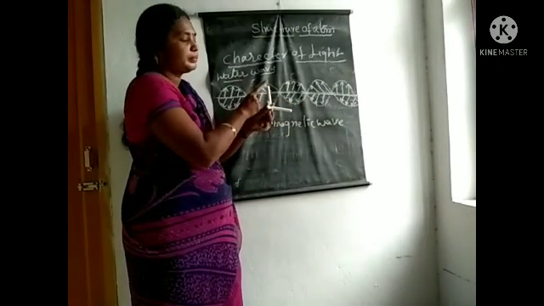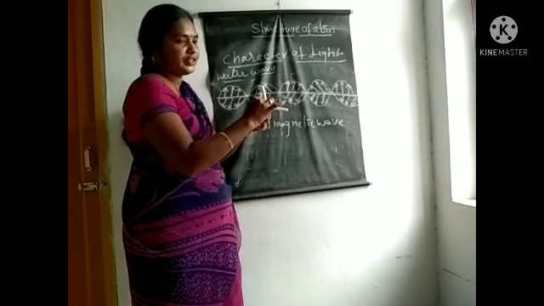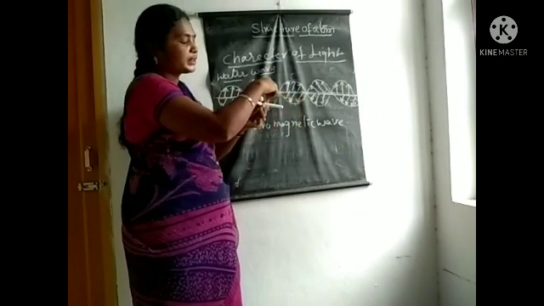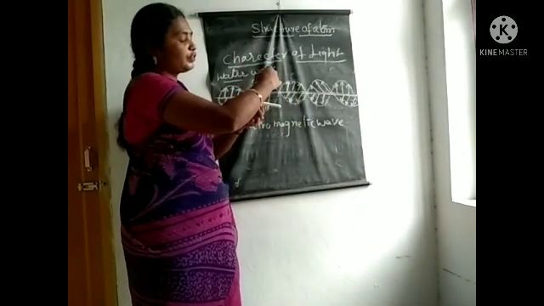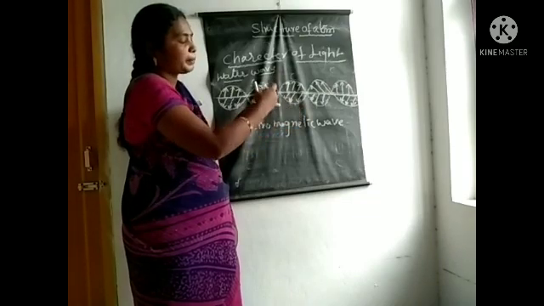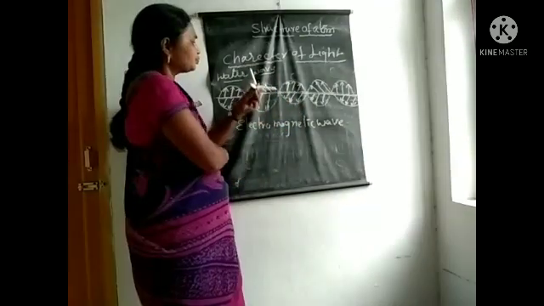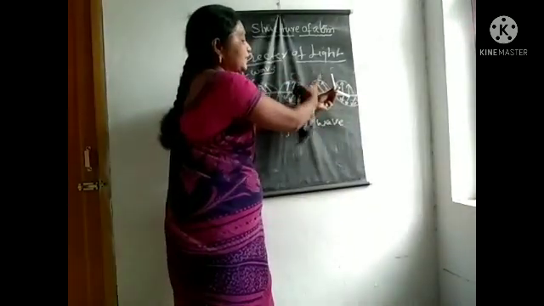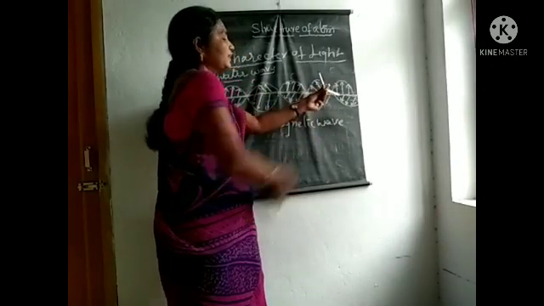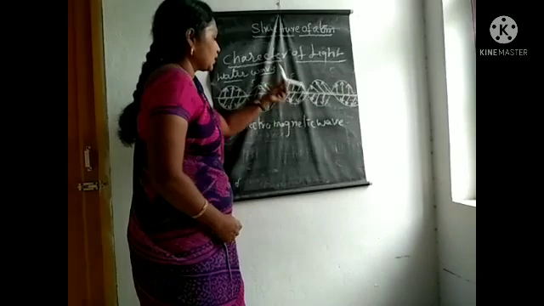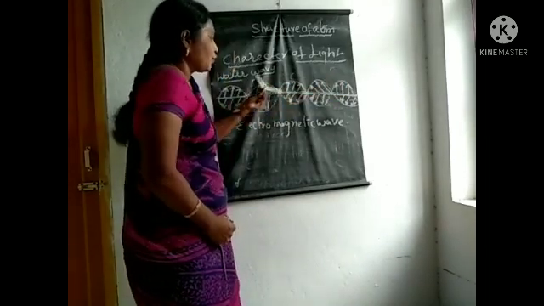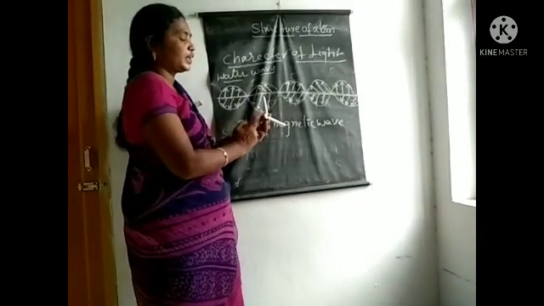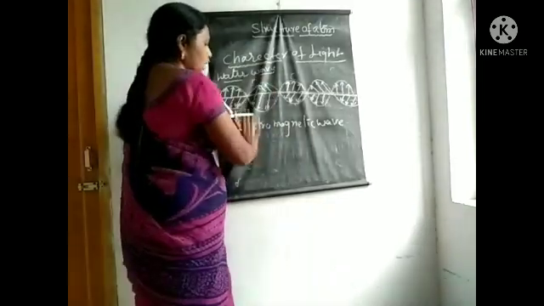So the wave travels like this, with the magnetic field towards you and the electric field upward.